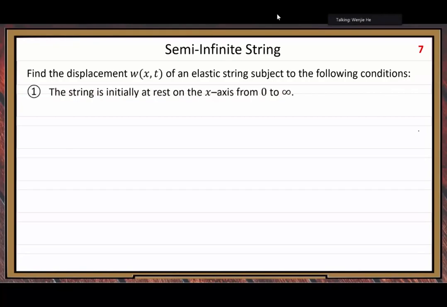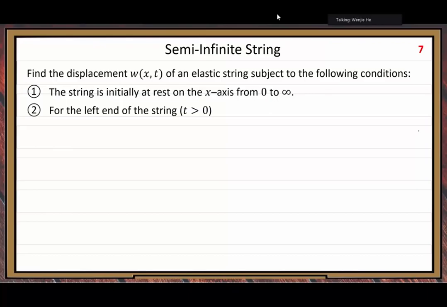First condition: the string is initially at rest on the x-axis from 0 to infinity. That's why it is semi-infinite, starting from 0, then infinity.